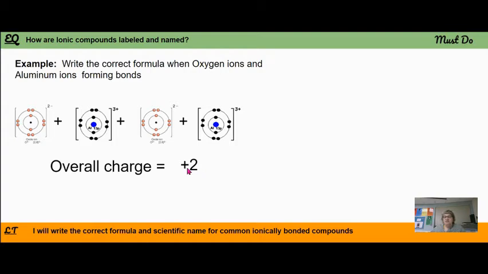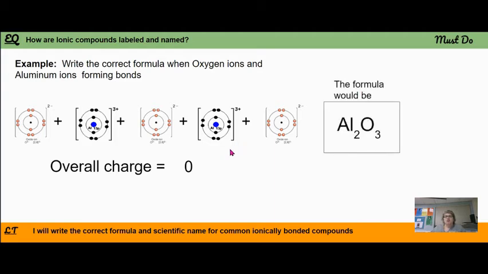But since this is a positive 2 and an oxygen is a minus 2, if I add another oxygen, I can get it to become 0. So now I have a full compound, right? I have ionic bonds in between each one of these ions, and now I have enough of them that it is going to create a compound.